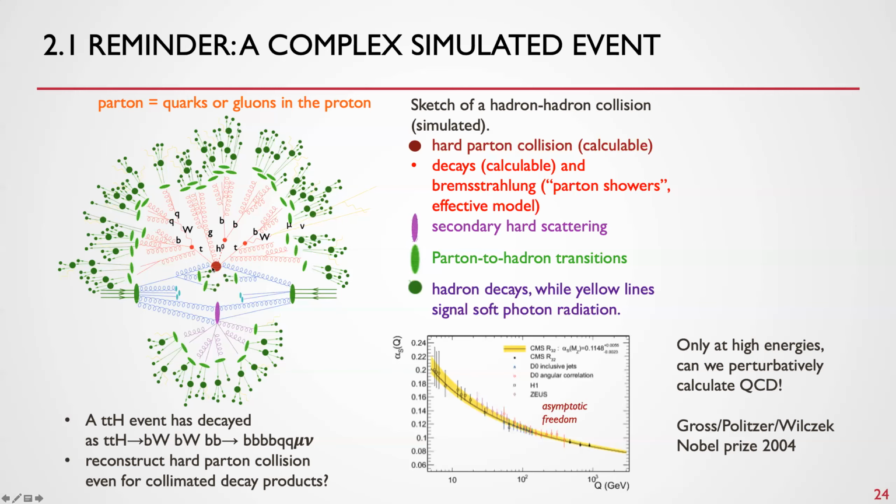Now we've gone from the hard interaction through the parton shower, comprising the emission of highly energetic gluons, via the parton to hadron transition, to the hadrons, hadron decays, and radiation of hadrons. So we get an enormous amount, thousands typically, of particles from a fairly simple initial collision.